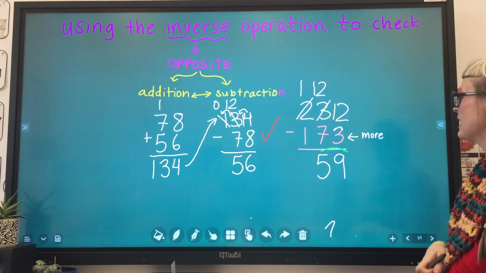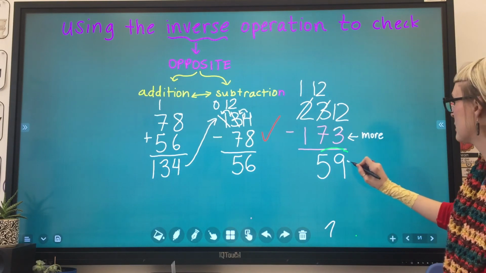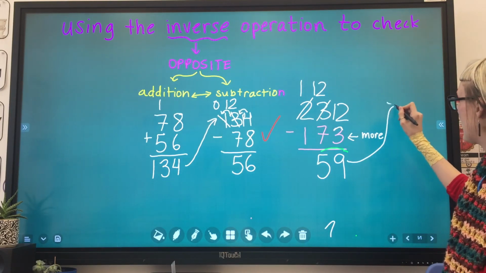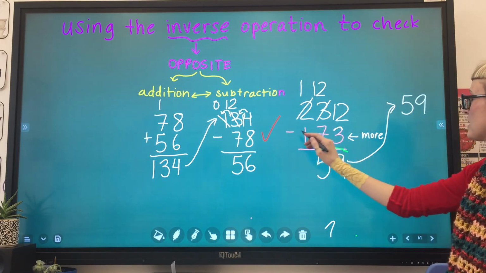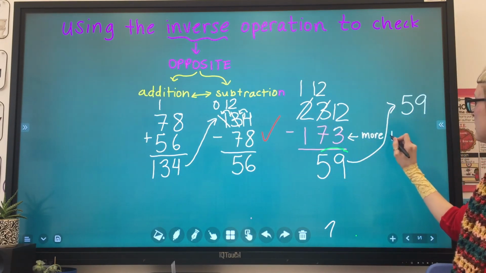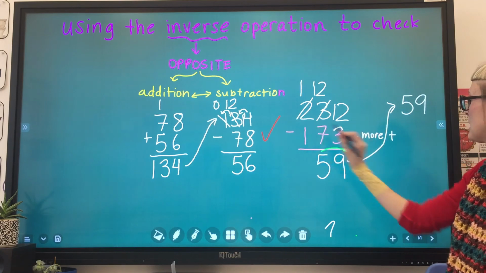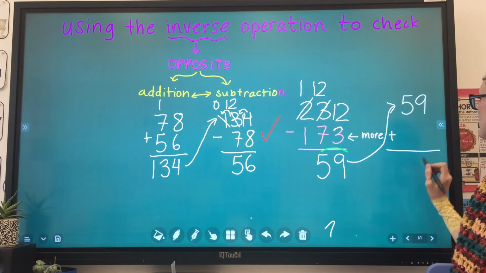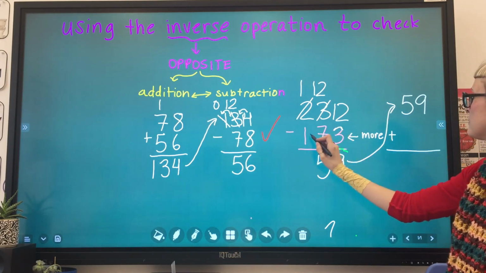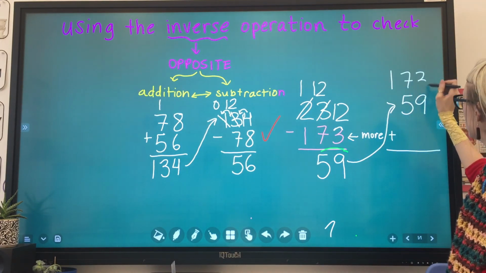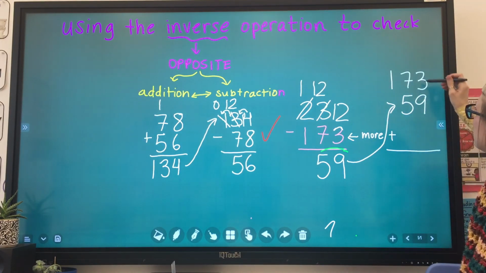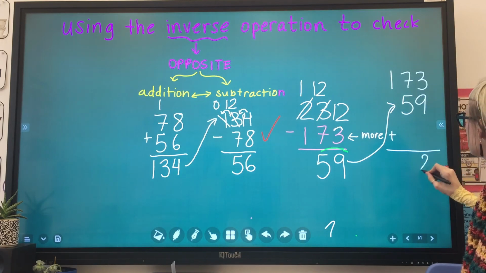Okay, so now let's check our work. 59. And remember, when I'm doing addition, which is the opposite of subtraction, I need to take the 2 smaller numbers. So 59 and 173. And let's add. 9 plus 3 is 12.